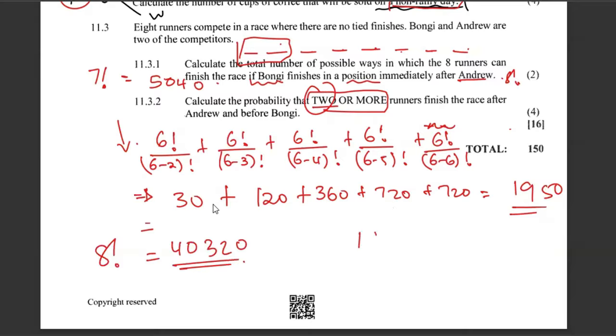So the probability, I'll say, is 1950 over 40320. When I punch that into the calculator, 1950 divided by 40320 gives me 0.0484.